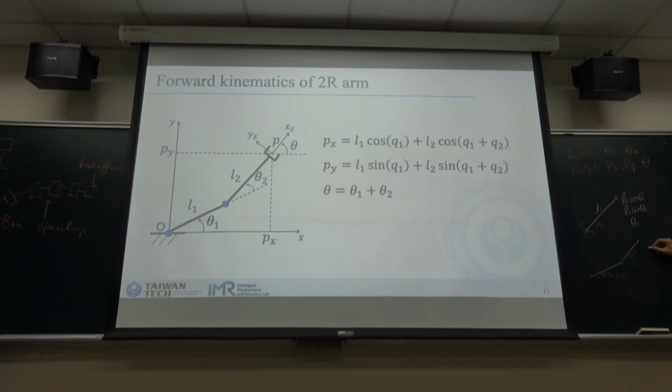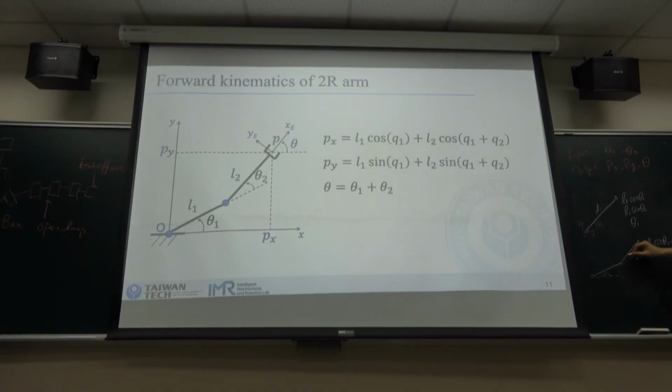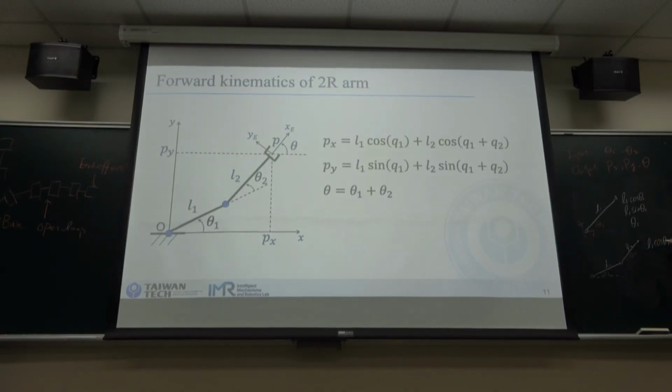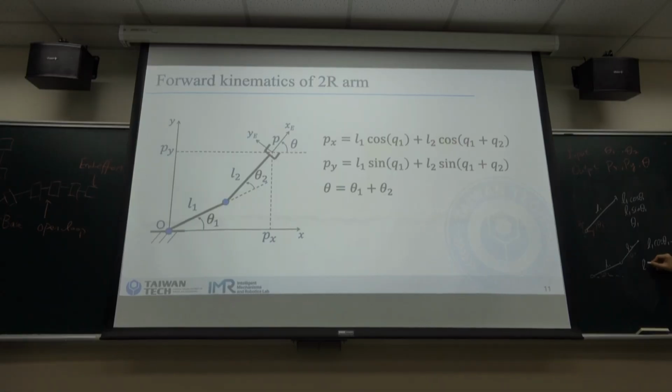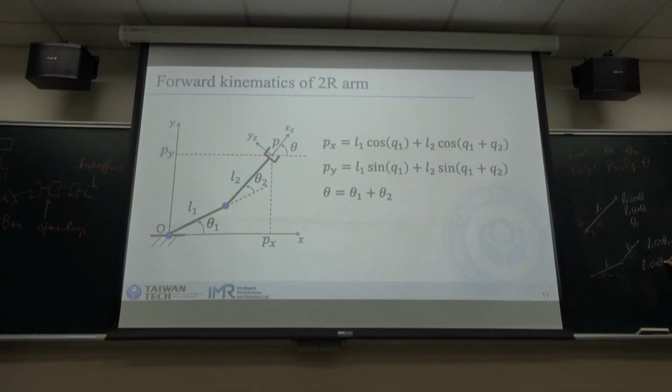So there's L1 times cosine theta 1 plus L2 times cosine theta 1 plus theta 2, right? And for the y, it's also similar.